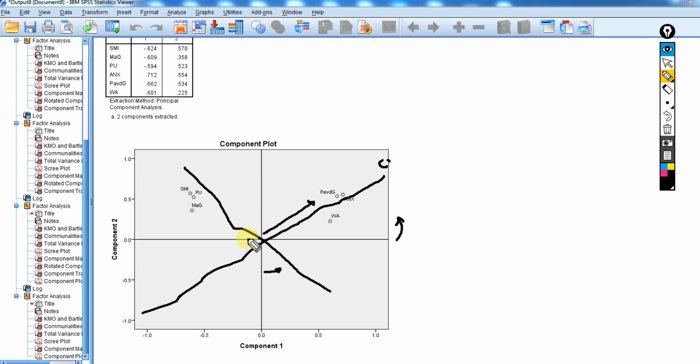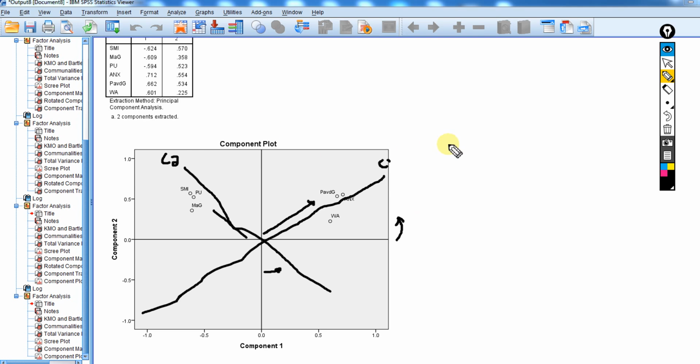And so if we perform what's called a Varimax rotation, the coordinate axes remain perpendicular, meaning that the rotated components remain uncorrelated with each other, but it makes it easier to interpret the relationships between the measured variables and the components.